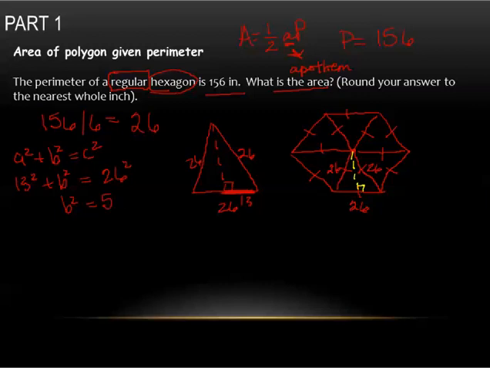That gives me 507. Now I'm going to get the square root of both sides. So I get B, which is my height. Let me put a B here so you'll know that's my height, is 22.52.